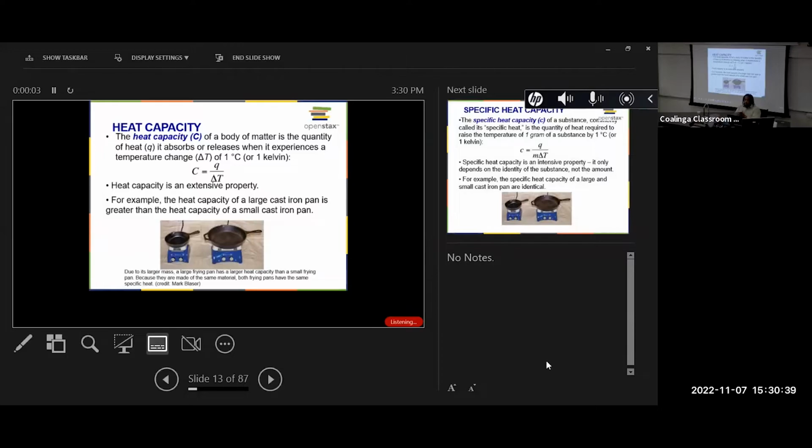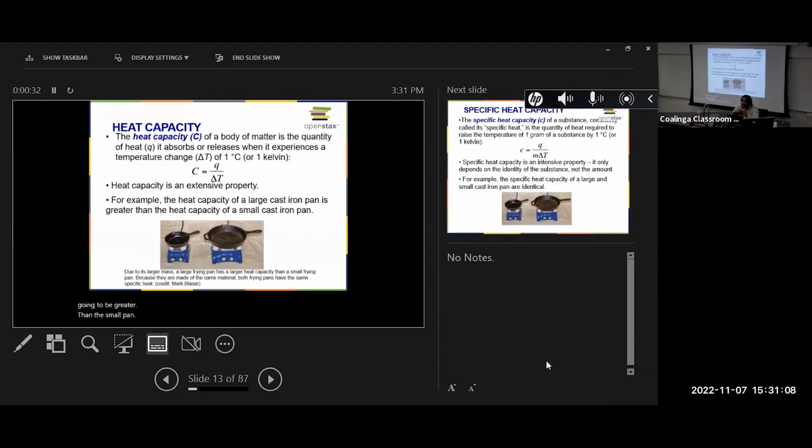Okay. So heat capacity is going to be an extensive property. If we think about a small pan and a large pan, the heat capacity of the large pan is going to be greater than the small pan.